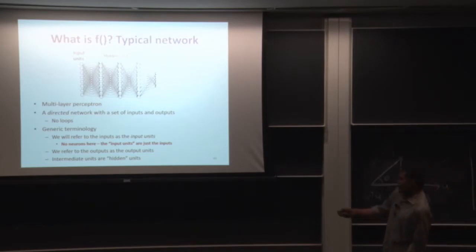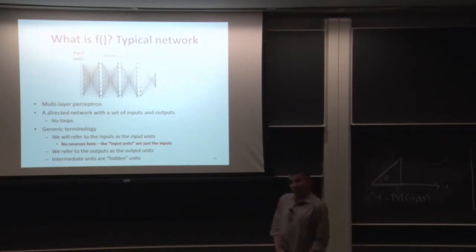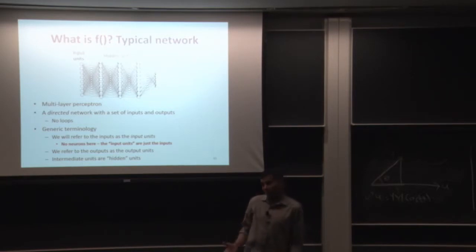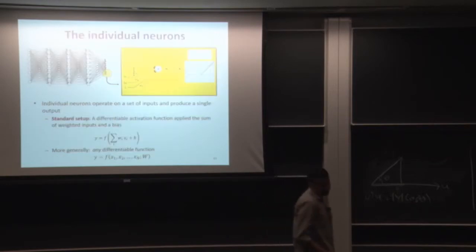So fortunately, it's not an inappropriate terminology. And the intermediate stuff, we will call these hidden units. And we call them hidden because as far as the function is concerned, you can see the input, you can see the output. What happened in between is not of direct relevance to you, and it's not directly observed. So those are hidden units.